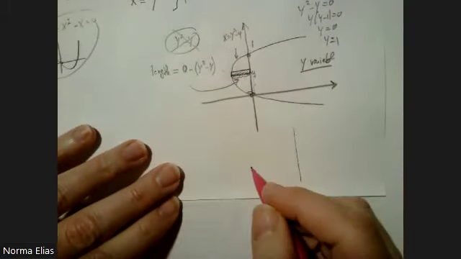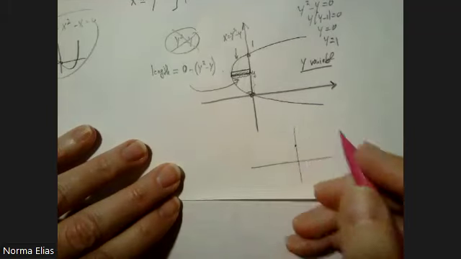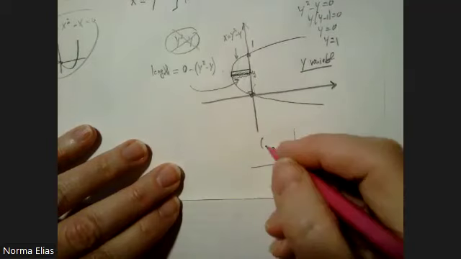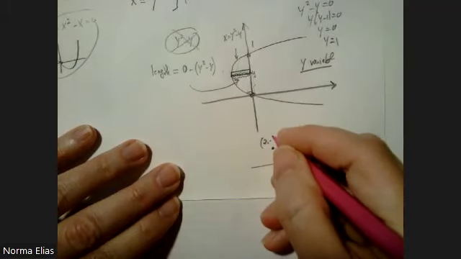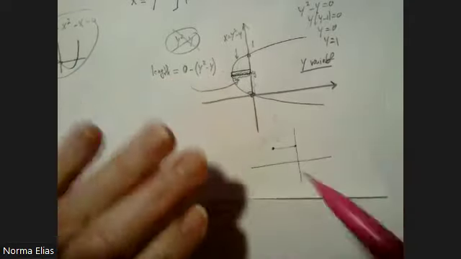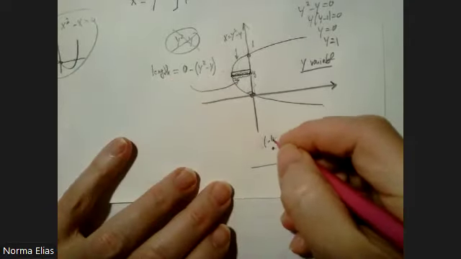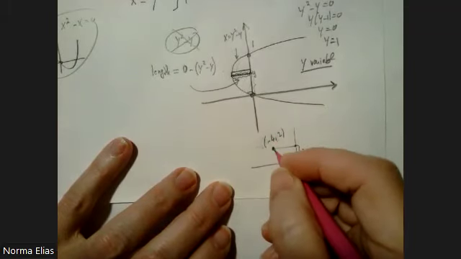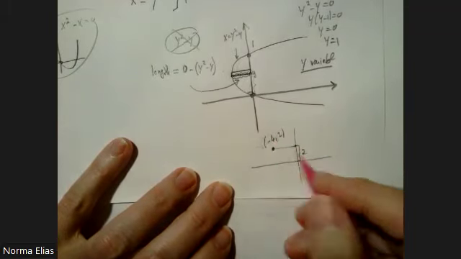Very simple example with numbers. Suppose this is from here to here. Suppose this point is, I'm just making up stuff, minus 4, 2. This is the 2. The point here is negative, so from here to here is minus 4.